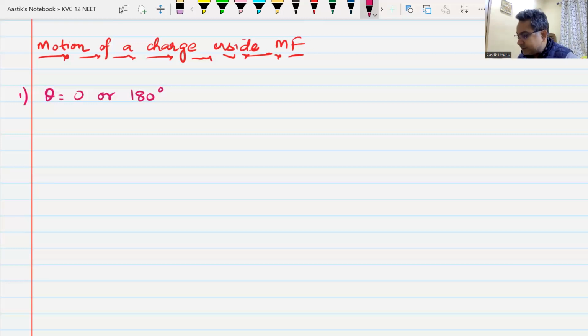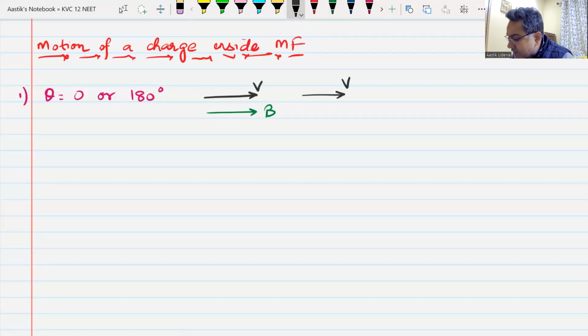So velocity may be like this and your magnetic field may be like this in the same direction, or you can have velocity in this direction and magnetic field in this direction. They are opposite or in the same direction.